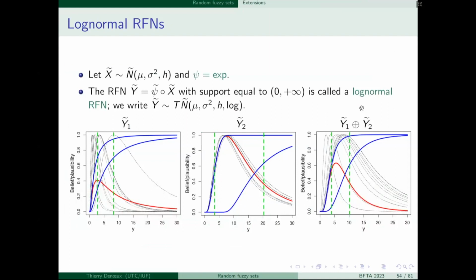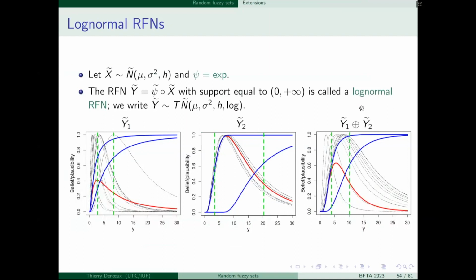For example, take psi being the exponential function and x tilde a Gaussian random fuzzy number. Then the composition of x tilde with the exponential, here extended on the fuzzy sets on the real numbers, has support 0 plus infinity.